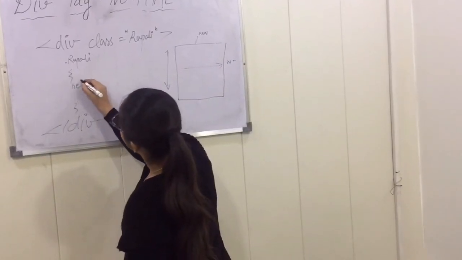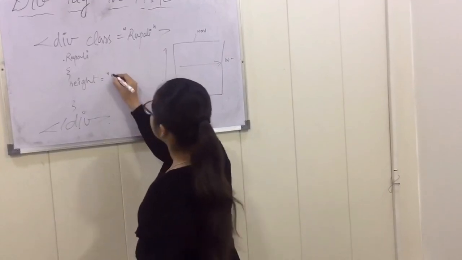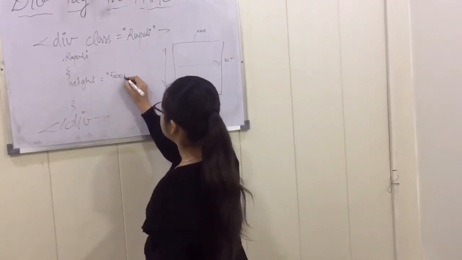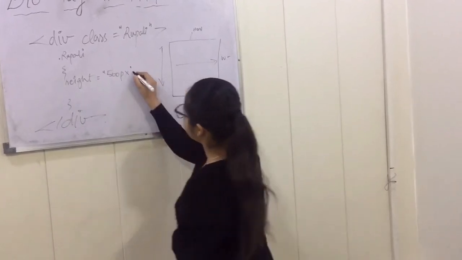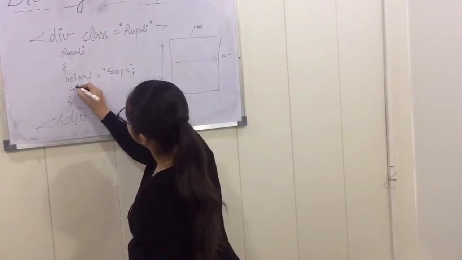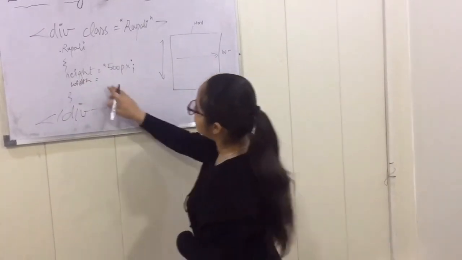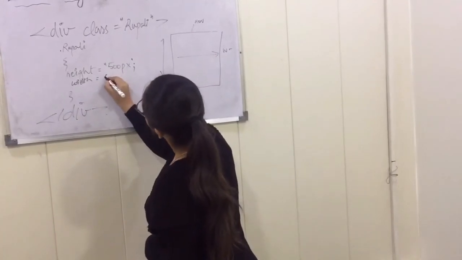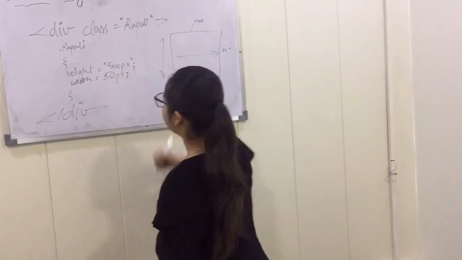Suppose we are giving first of all the height, that is 500 pixels or any other according to your use. After this we are going to fix the width. Suppose I am giving the width as 50 pixels or any other according to your use.